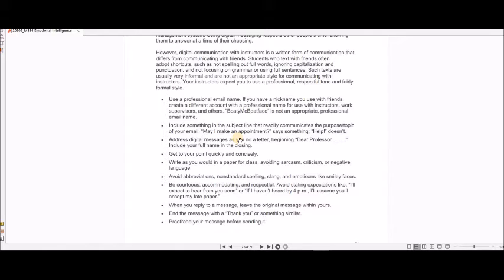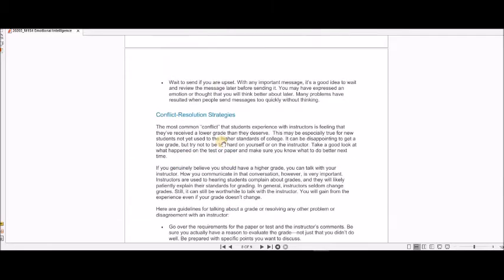Something very short, something kind of non-committal. Whereas if you take the time to write me a well-written, well-thought-out, even possibly light-hearted kind of an email, my response to you is going to be the same way. So read through this and get some ideas on how to do that.